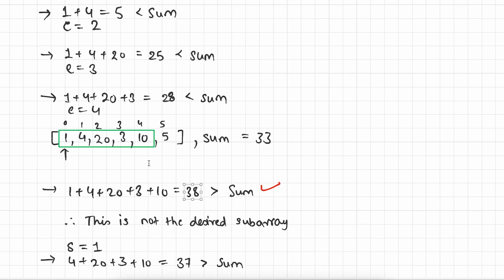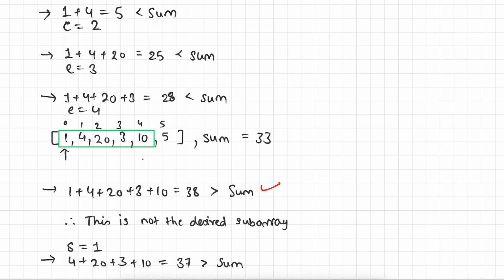This means when 10 was not added to the subarray, the sum was 28, and as soon as we add 10 to this subarray, the value becomes greater than sum. So we can conclude that there is no subarray that begins with 1 that gives us a sum equal to the desired sum.